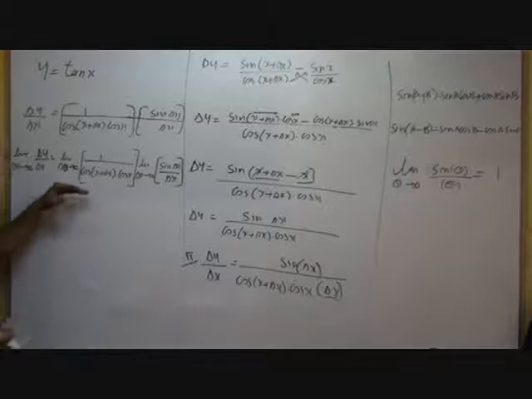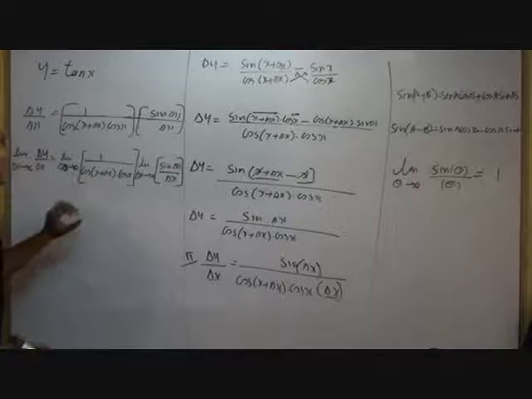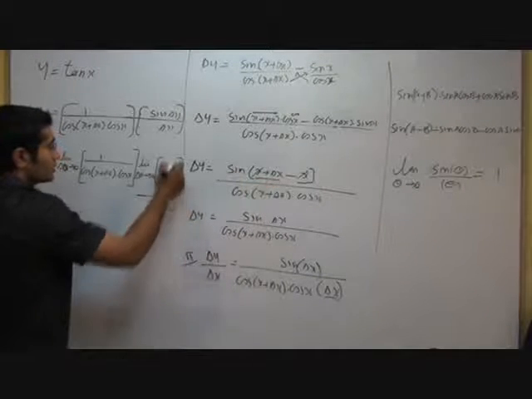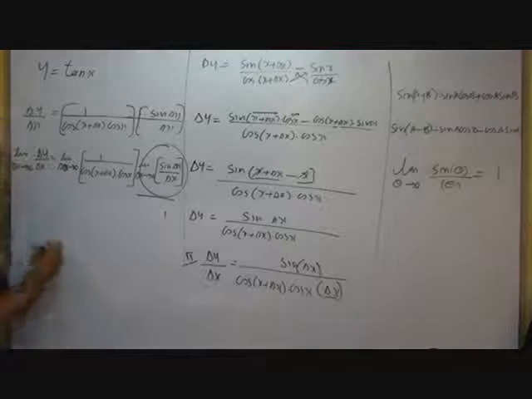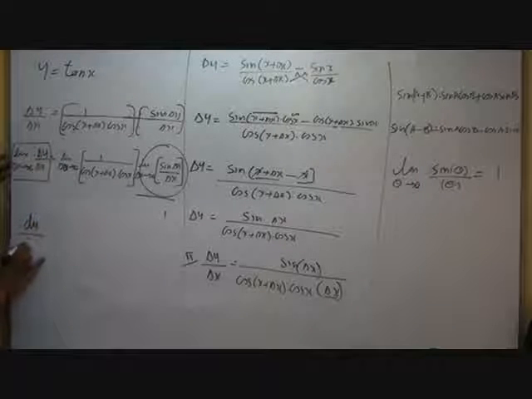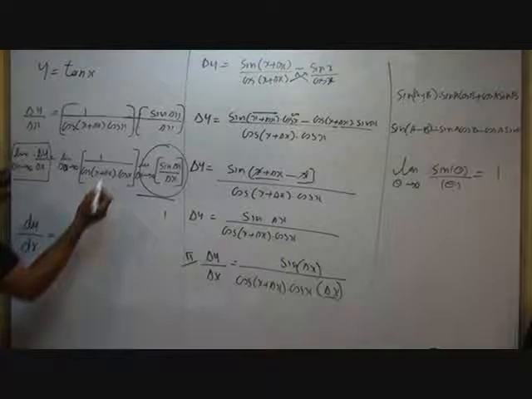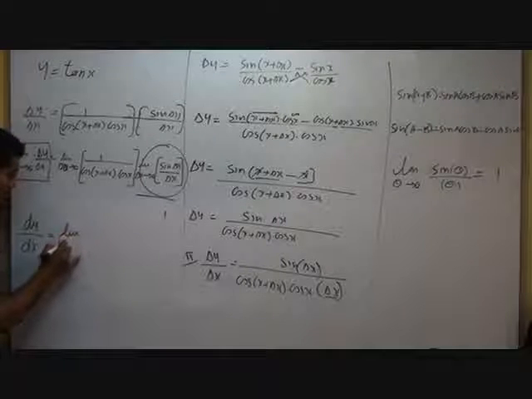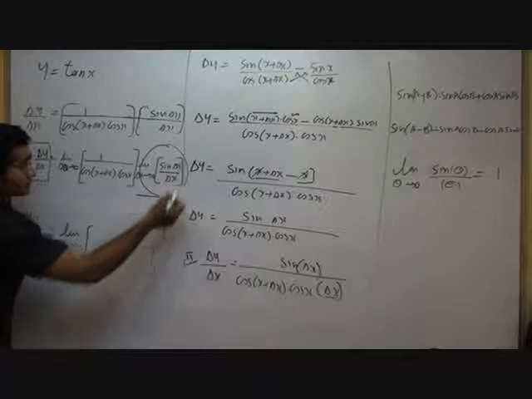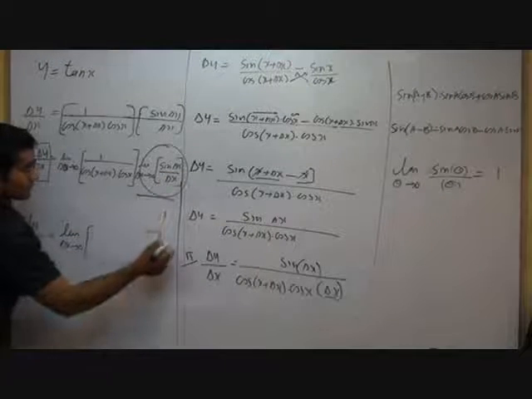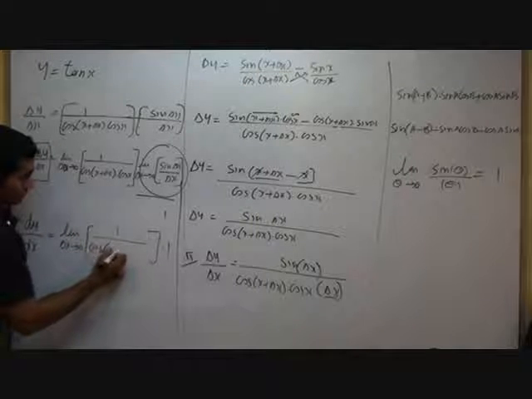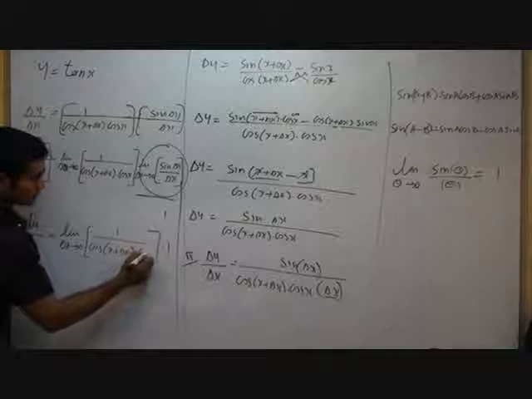I hope you can see this. I'm writing really small. Now what happens here? This looks like that formula, right? So this whole thing becomes 1. And the left side looks like dy by dx. So I get 1 into 1, and what is left is 1 by cos of x plus delta x into cos of x.